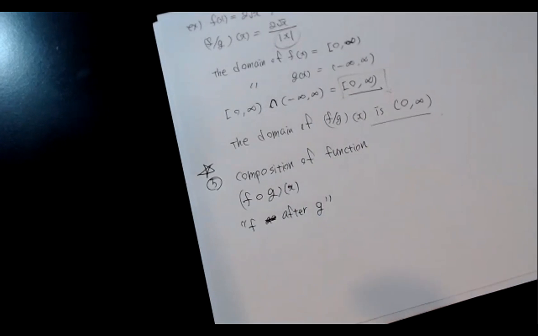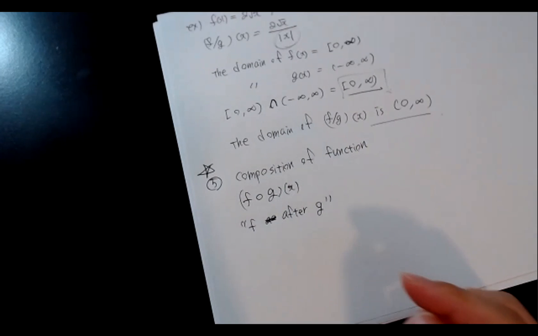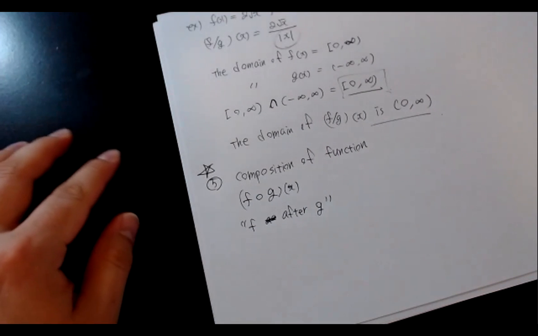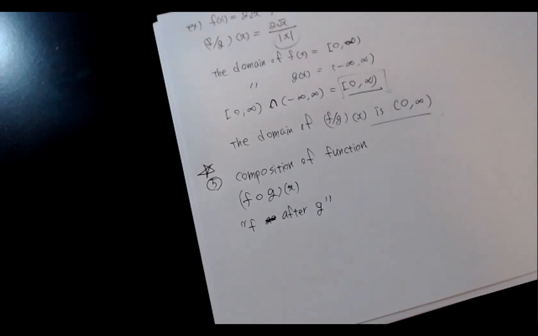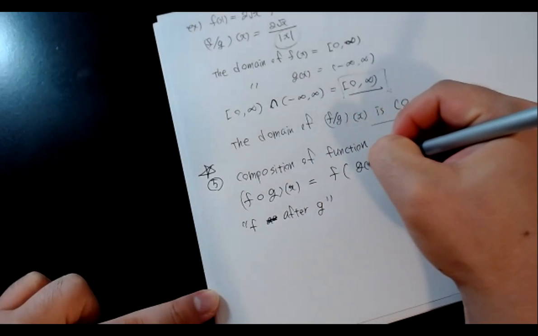Well, that depends on the textbook, but our textbook suggests reading this notation, the composition, as f after g. Other textbooks suggest reading it as f circle g. Okay, f circle g, f after g. So the definition is this: it is equal to f of g of x.